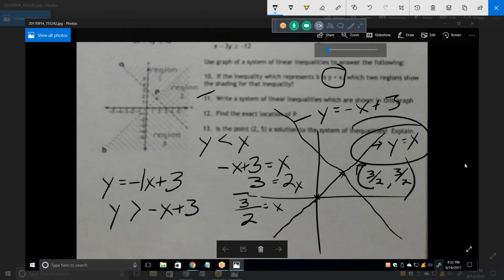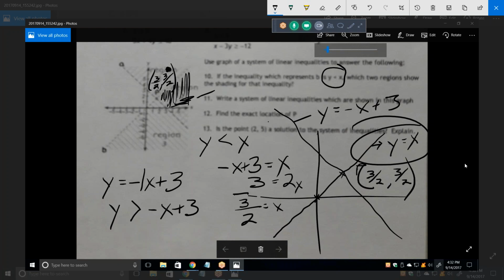Well, let's see. The joint region is that region there, correct? Correct. We know the point right there is 3 halves, comma 3 halves. So the point 2 comma 5 is definitely to the right of P, and it's above P. So it's somewhere in there.